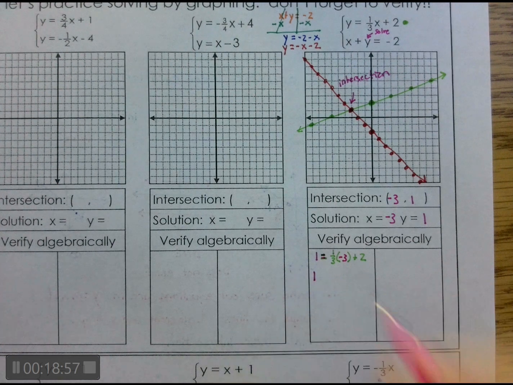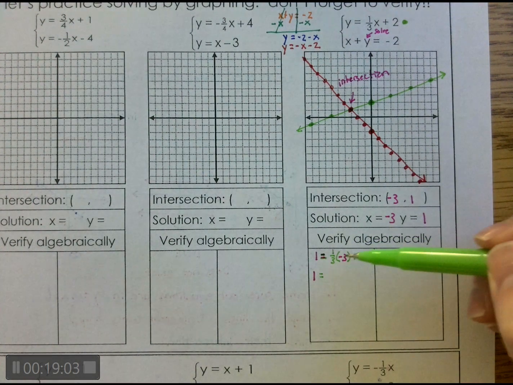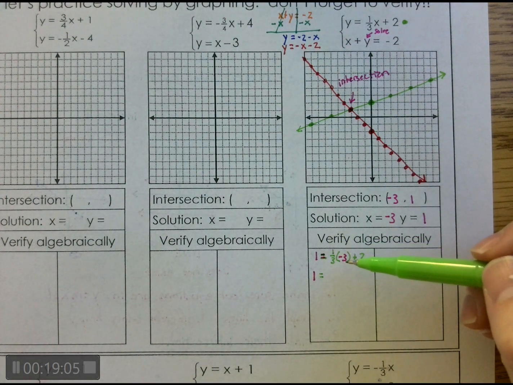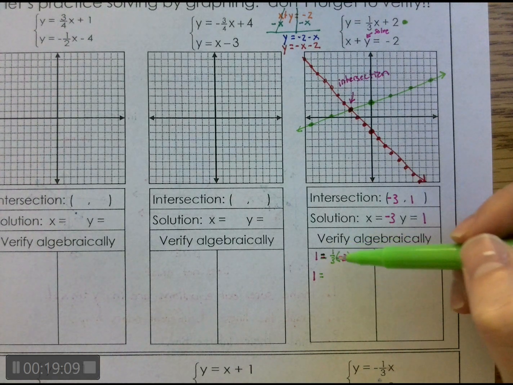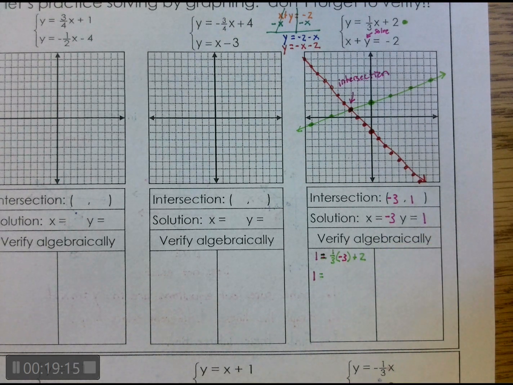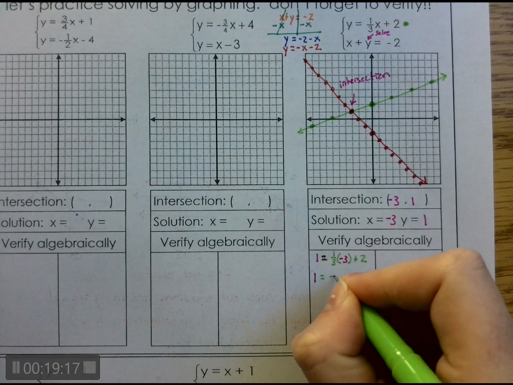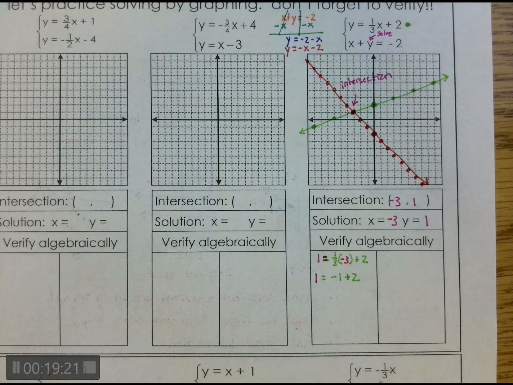So I'm going to have 1, because you bring down the 1, equals, now what is 1/3 times -3? Well, this is going to be -1. And then bring down the 2.